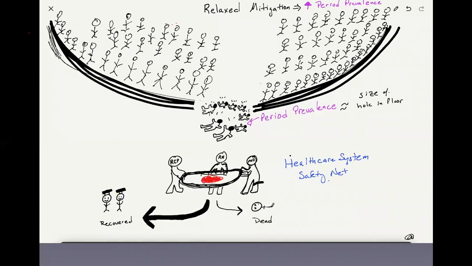But we really don't have this and shouldn't have this huge expectation that we're going to necessarily be able to staff all of that and meet that. So the current safety nets that we have are probably expected to contract a little bit more, and at the same time, we're going to see this period prevalence increase with relaxed mitigation occurring. Still, the majority of patients are going to be recovered, and there's still going to be a minority that die.